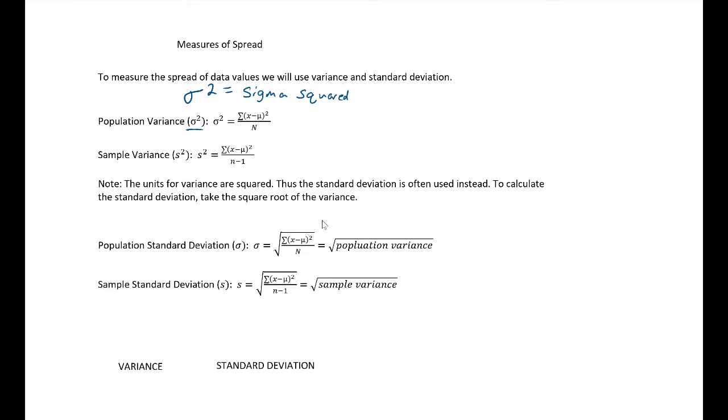Whenever you see this notation here, this notation means you're adding something up or you're summing. So you're going to take your data value minus the mean, and you're going to square that. And you're going to add that up for each of your data values. And then you're going to divide by n. If you remember from the previous video, n is your population size.